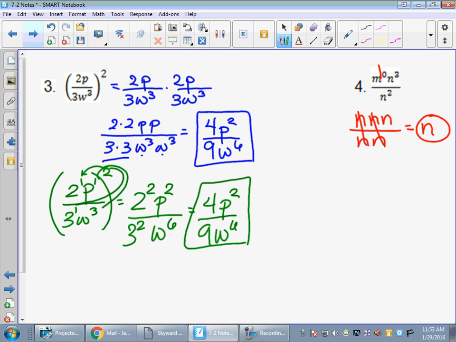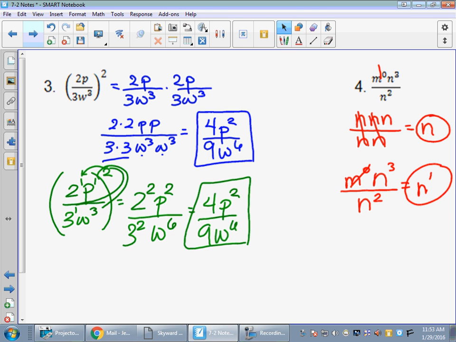If I were to use the rule, I would still cross off or eliminate the m to become a 1. And I'd subtract 3 minus 2 is 1n. Now, if that 0 is applied to the whole thing, the whole answer would be 1. So you've got to be careful with those 0 exponents. They're easy, but they're also easy to confuse where you apply it.